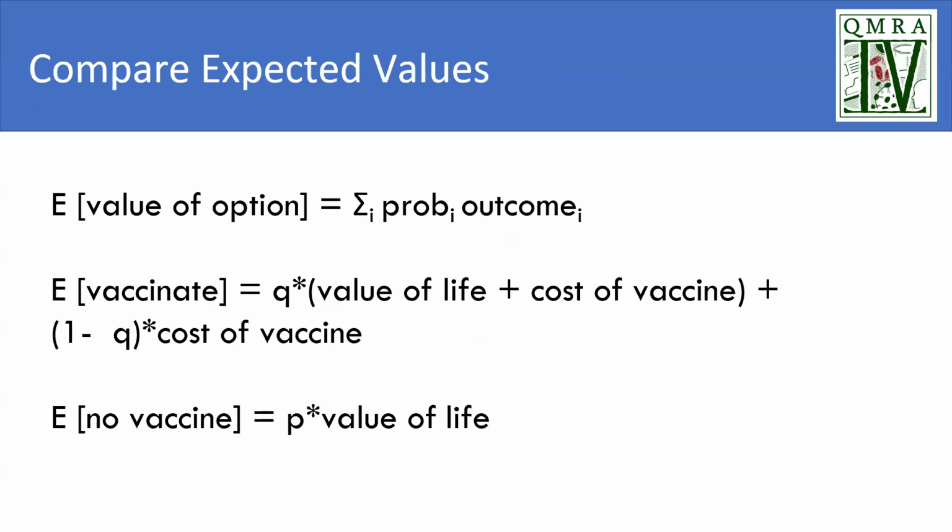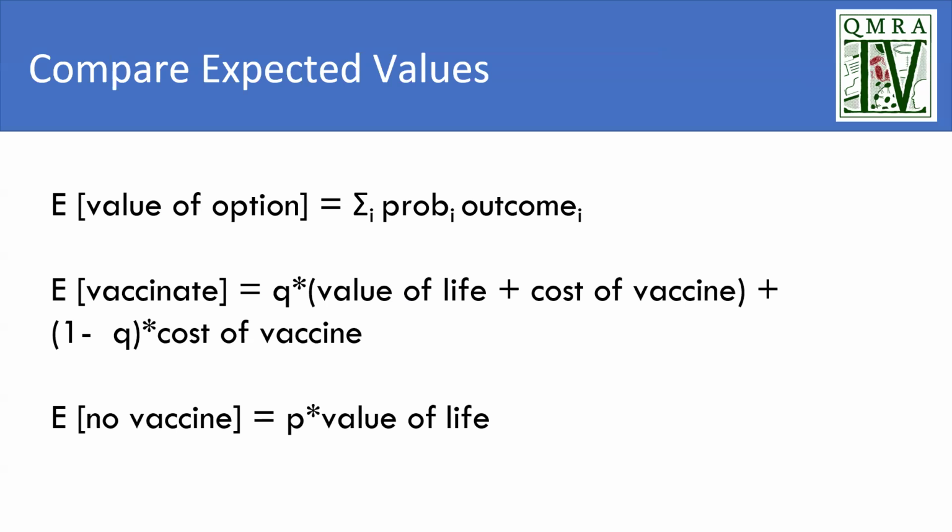So in order to do this, we're going to extrapolate upon the general governing equation for calculating expected value, which will be the sum of all the probabilities times the outcomes. The expected value for vaccination will then be equivalent to Q times the value of the statistical life plus the vaccine, plus 1 minus Q times the cost of the vaccine.